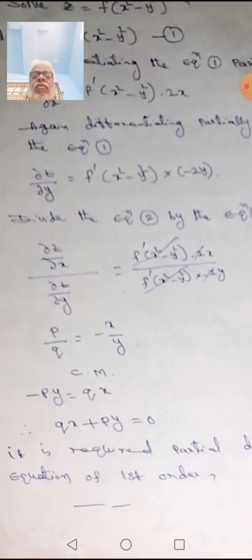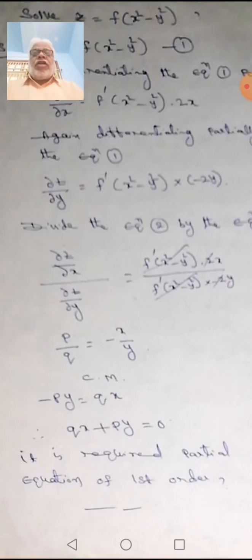Again, this is dou z by dou x, which is f dash of x square minus y square into 2x. Again, differentiating partially with respect to y, the equation is dou z by dou y is equal to f dash of x square minus y square, because the function is in xy terms.